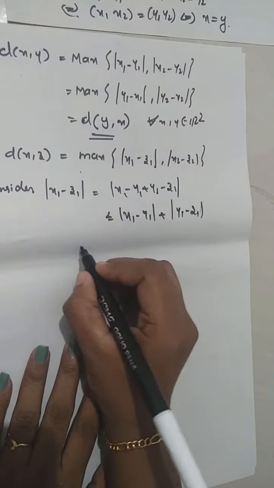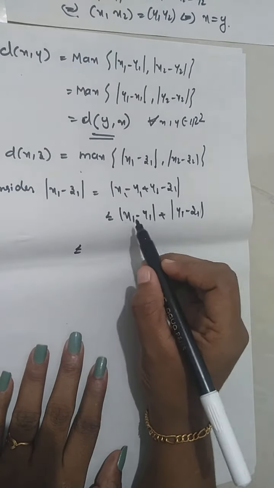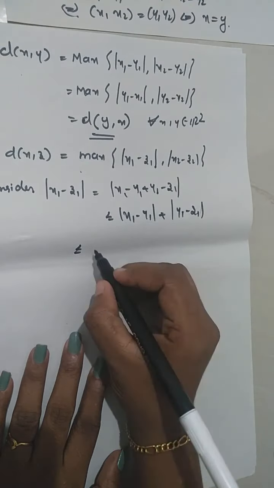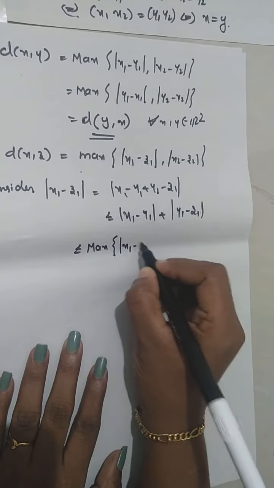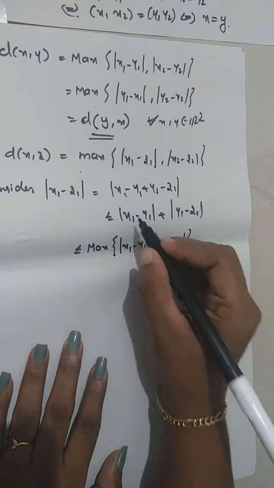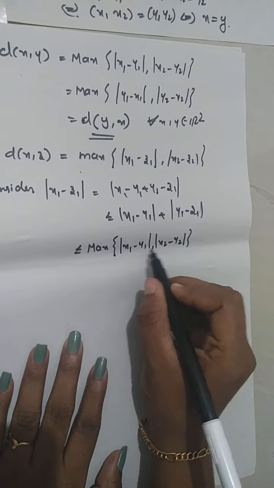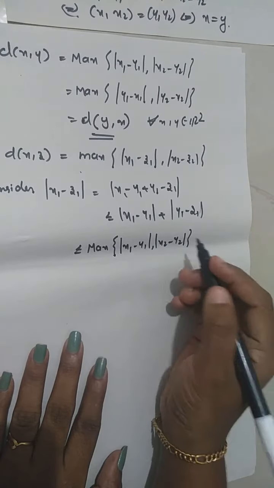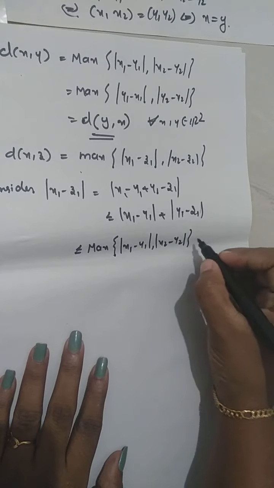Now modulus of x1 minus y1 is always less than or equal to the maximum of modulus of x1 minus y1, comma, x2 minus y2. The first term will be less than or equal to the maximum of these two terms, because the maximum of these two terms is always greater than or equal to each term, since it is a finite set.